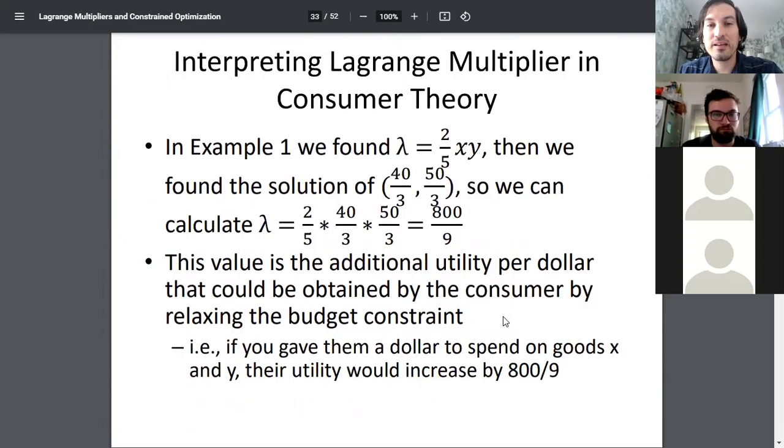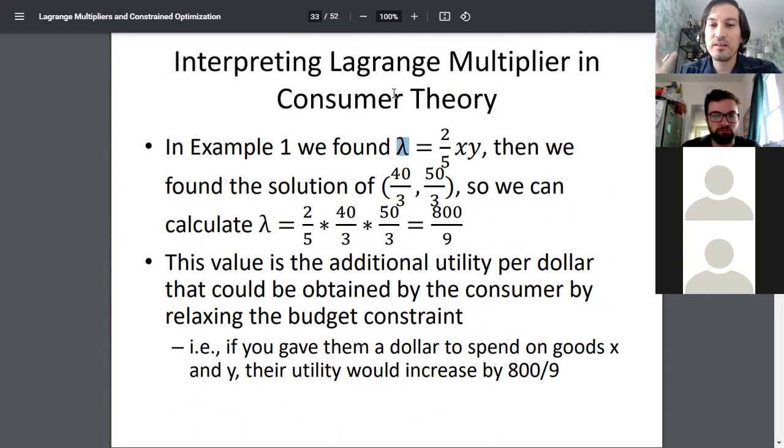I would like to say something about how to interpret the Lagrange multiplier, especially when we're talking about consumer theory. I mentioned this in the previous class. I did, but here's a whole slide about it. And that is this: the value of lambda can actually be calculated. You can think of it as another variable.